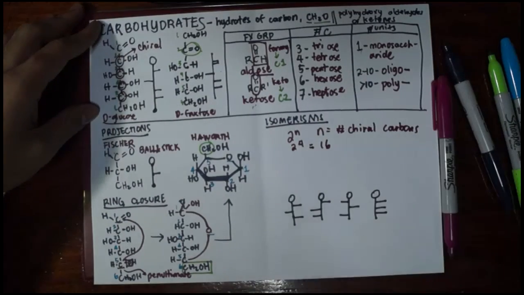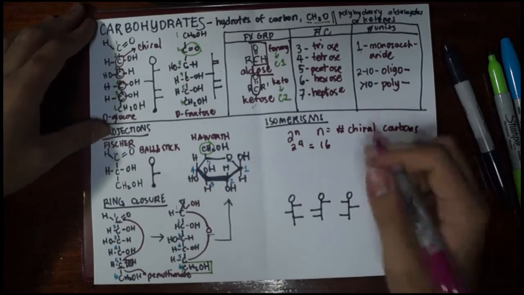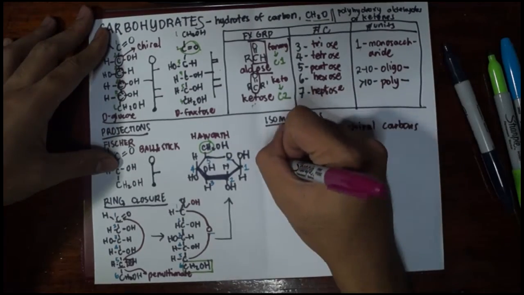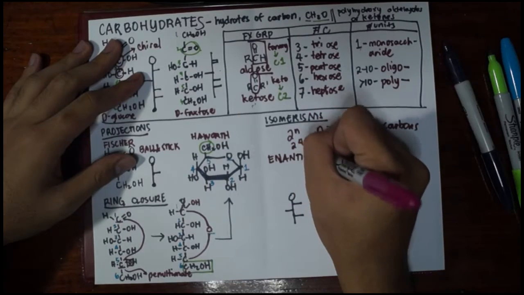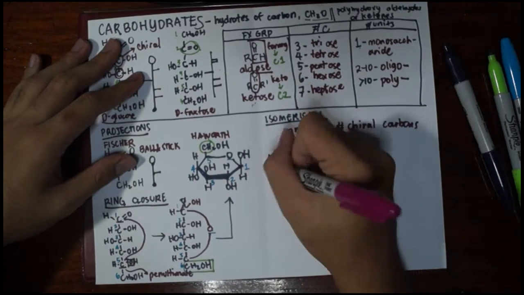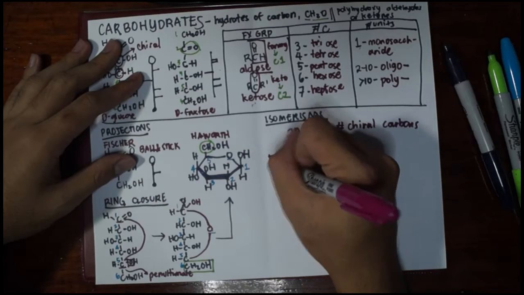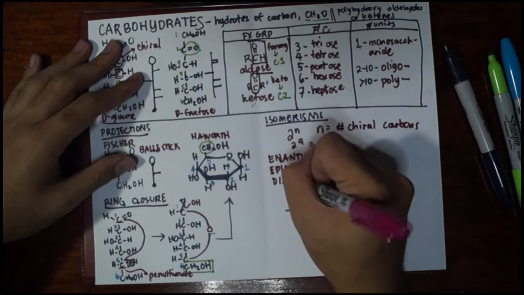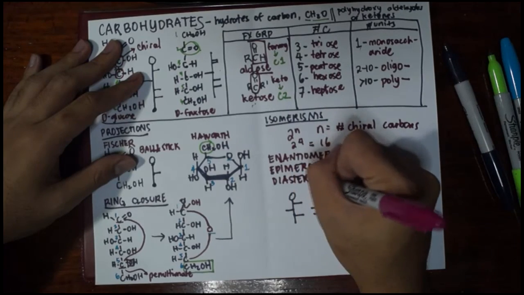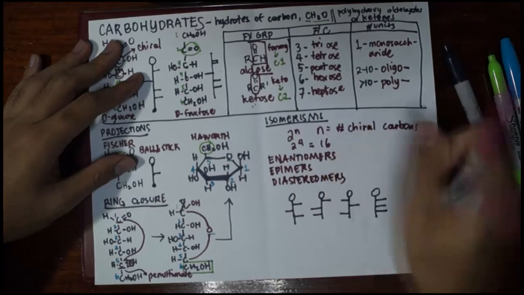So a hexose could give rise to 16 isomers. Now, we have several types: enantiomers, epimers, and diastereomers. There's another type, but we will discuss it later on.